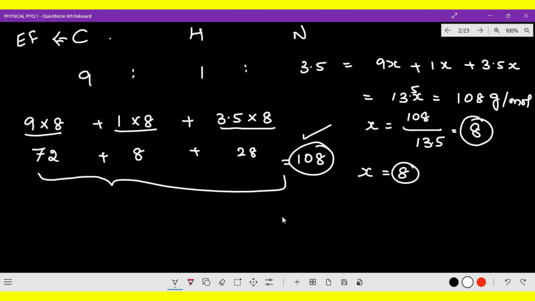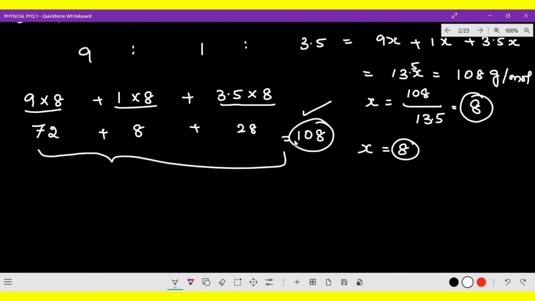Now we have to identify, this is the molecular mass. Yes, it is correct. Now the empirical mass we have to identify. This is 72, this is 8 and this is 28. So 72 divided by the atomic mass of carbon, that is, now we have to identify the number of moles. Number of moles equals given mass by atomic mass.